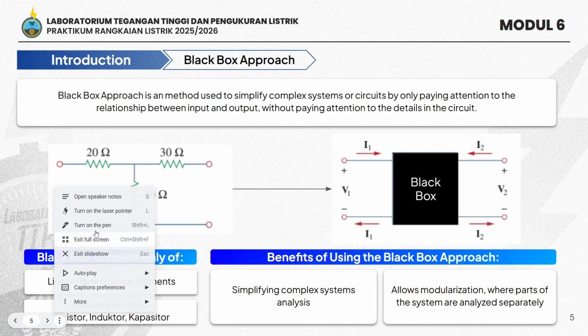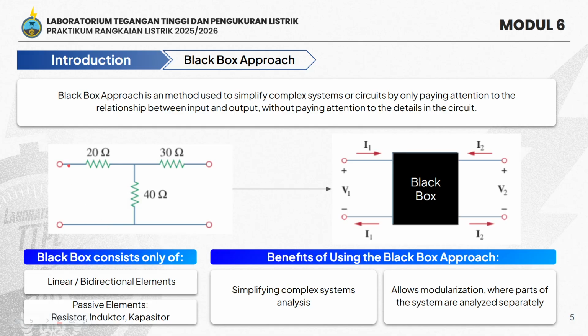For example, we have a circuit that consists of three resistors, 20 ohm, 30 ohm, and 40 ohm, arranged in series and parallel. If you have learned mesh analysis or node analysis, you can already apply one of the methods to analyze the circuit and find either the voltage or the current in the circuit.